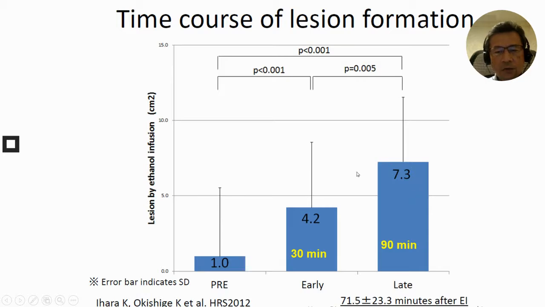This figure shows the time course of lesion formation. This is a control. After 30 minutes following ethanol infusion into the Marshall vein, the volume of the lesion has significantly increased, as shown here.